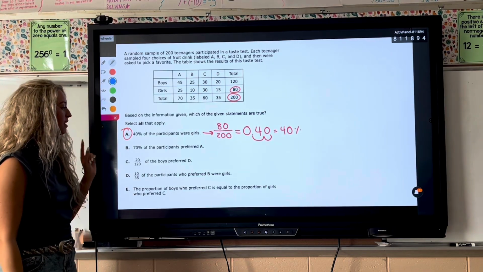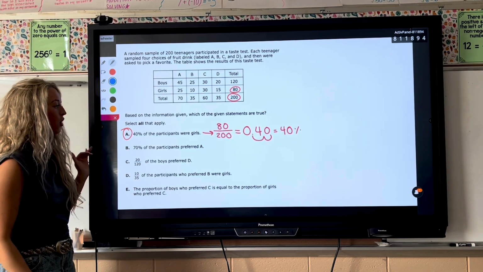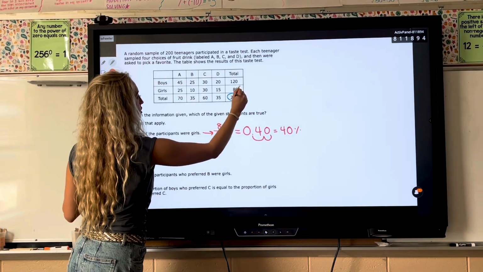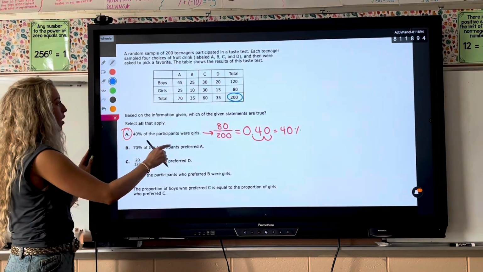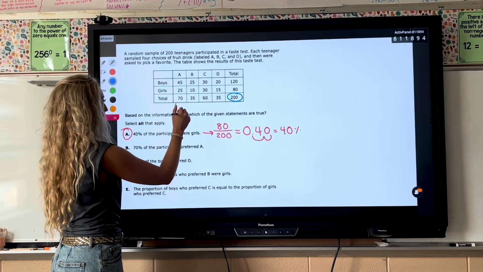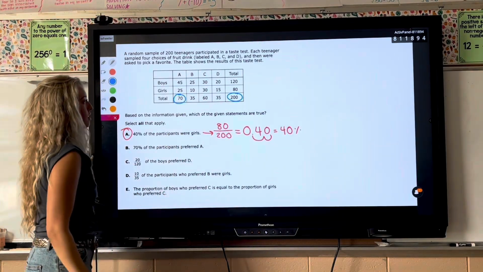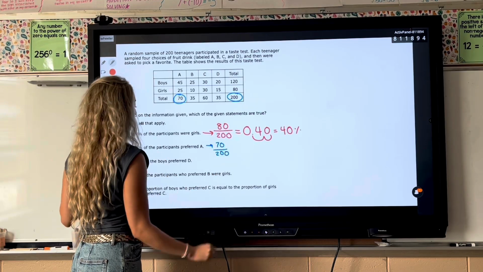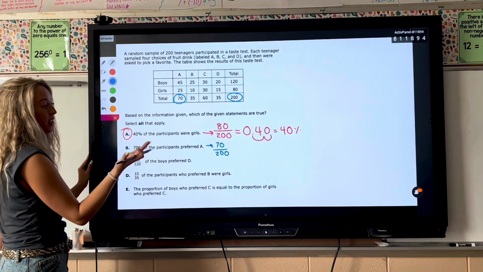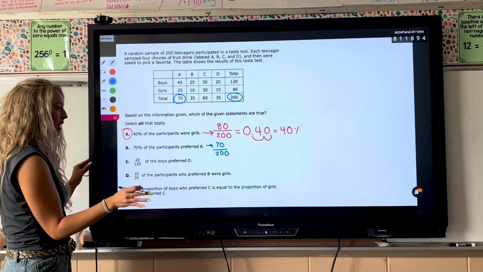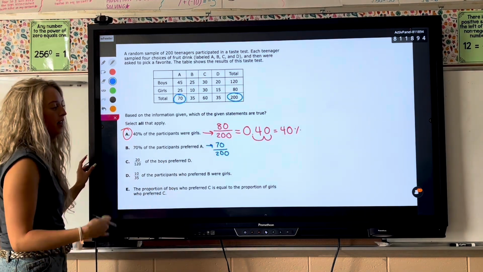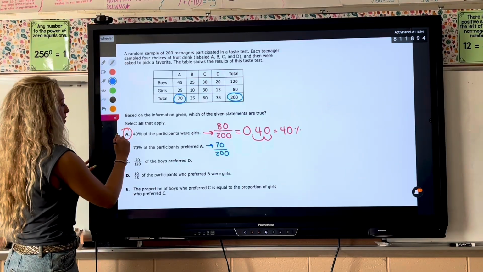So it says 70% of the participants preferred A. So I know that my total amount of participants is still 200, and the amount of students that preferred A was 70. 70 out of 200 in this case, based on what I just said, cannot be a correct answer. 70 out of 100 is 70%. 70 out of 200 is not.